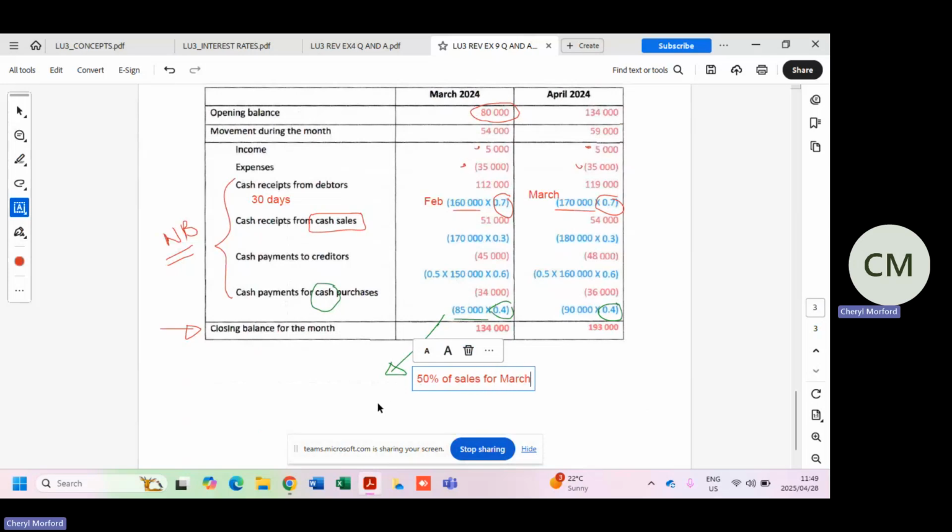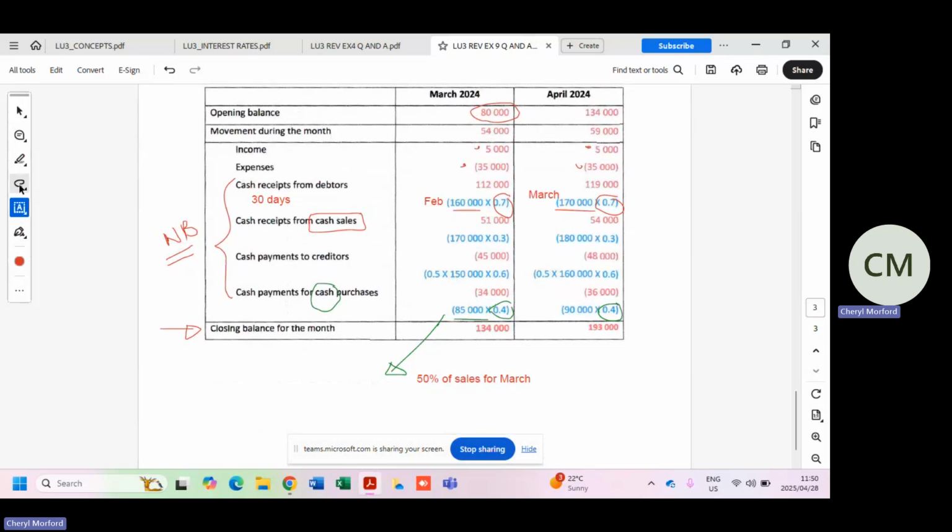March, because that will give us the purchases. So 50% of the sales for March gives me our cost of sales. And then of that, 40% is cash.